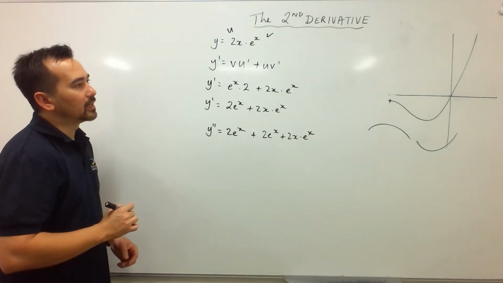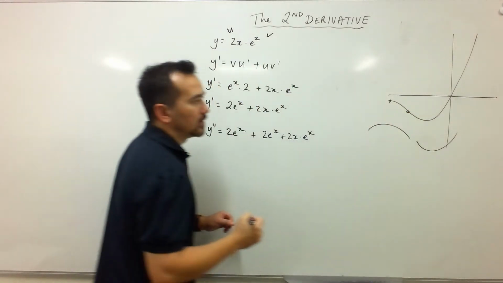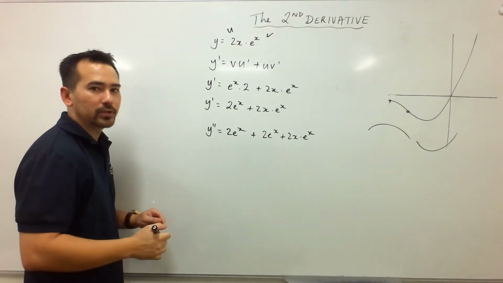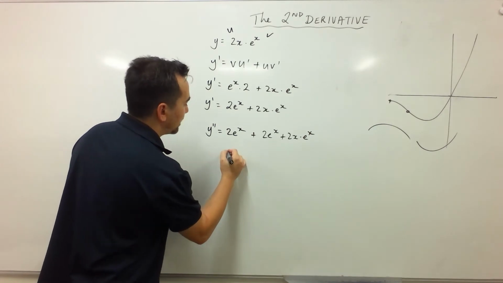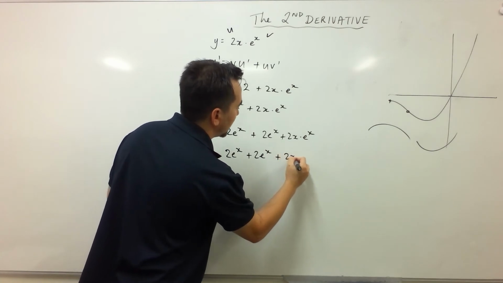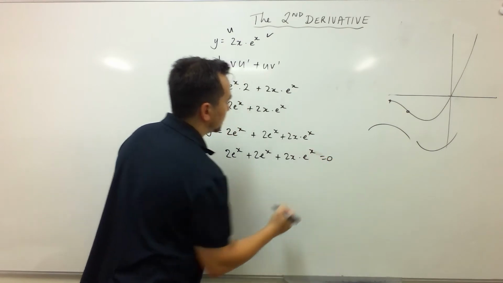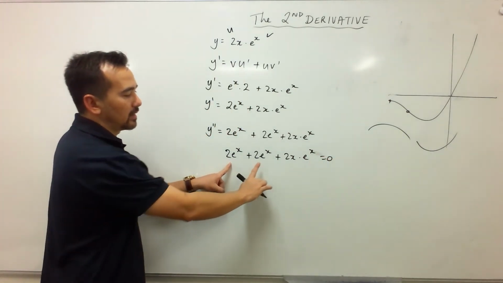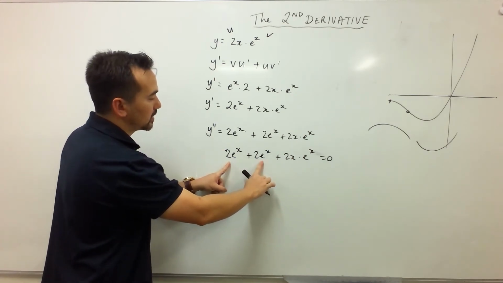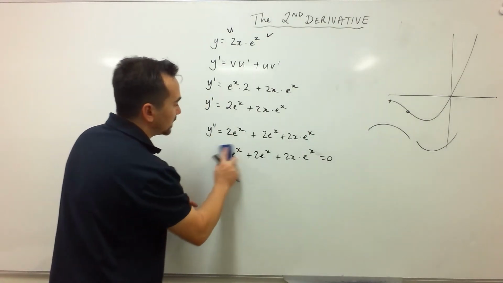Okay, now let's find the point of inflection, and there is only one, and we do that by making this function equal to 0. So we have 2e to the x plus 2e to the x plus 2x e to the x, equal to 0. Now I've just noticed that they are in fact the same, so I can simplify that and turn that into 4e to the x.